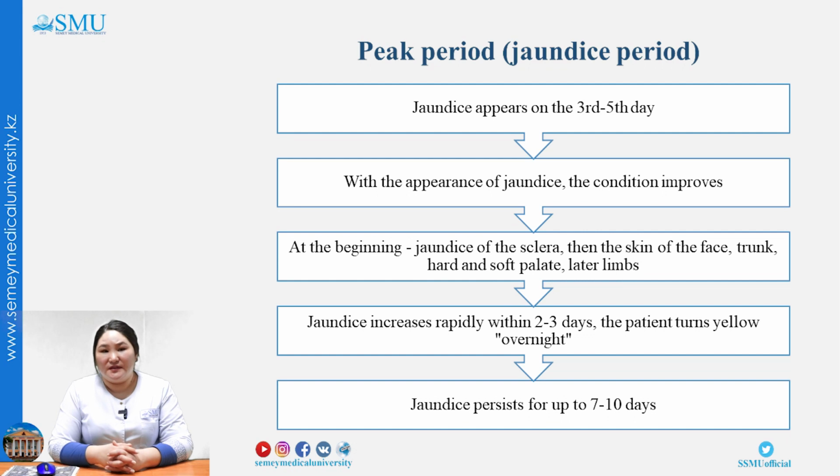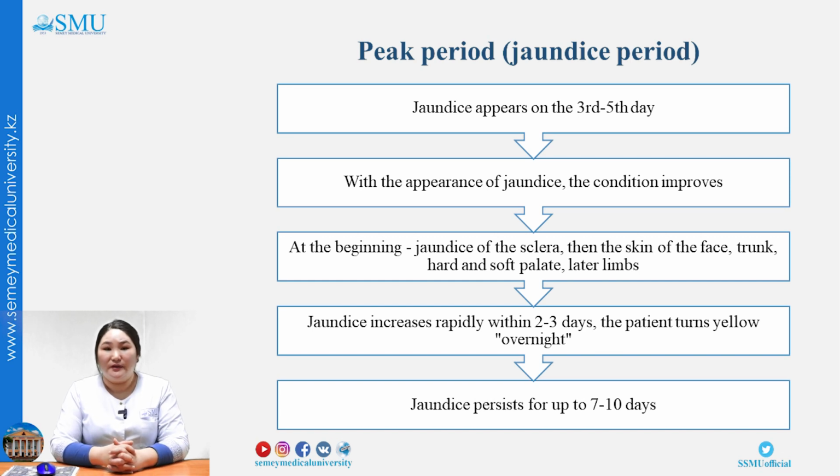The peak period or jaundice period starts from the appearance of jaundice. Jaundice usually appears from the third to fifth day of the illness, and one of the main signs of hepatitis A, to differentiate it from other hepatitis, is that with the appearance of jaundice, the baby feels better.